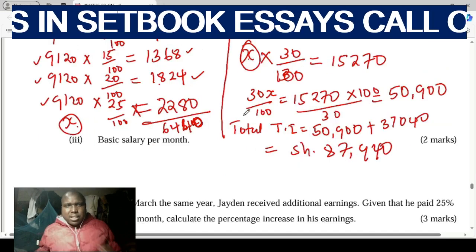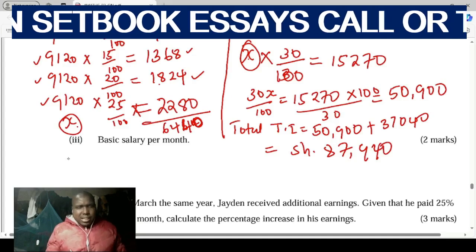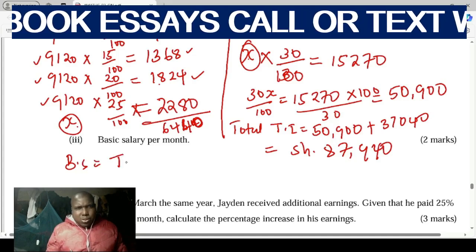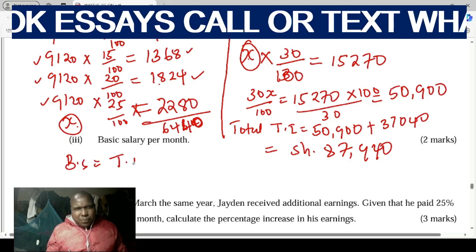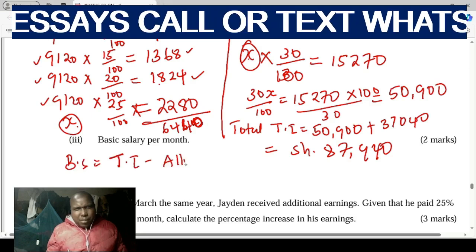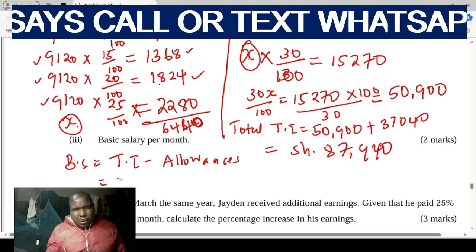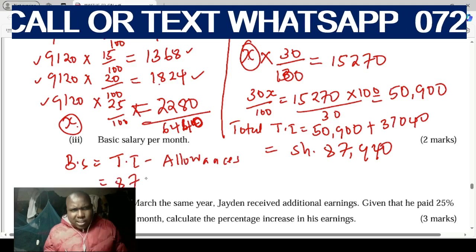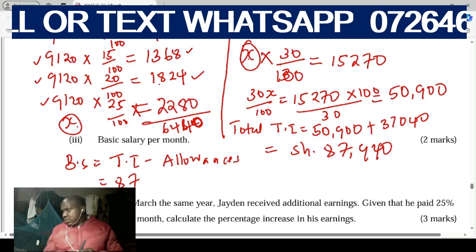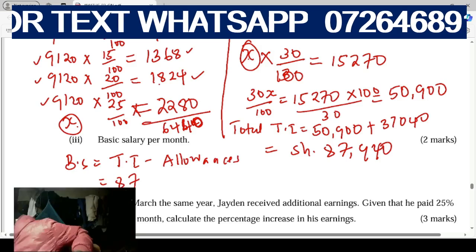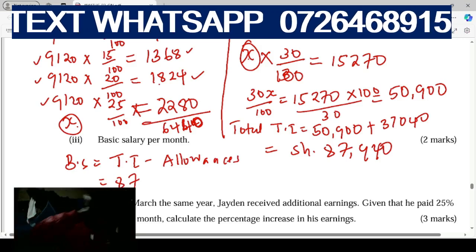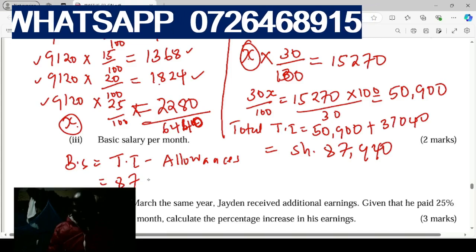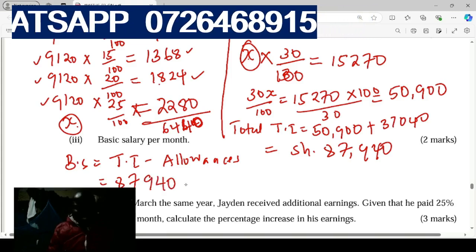So basic salary. Calculate the basic salary. Basic salary actually is equal to taxable income minus allowances, which is 87,940 minus allowances.